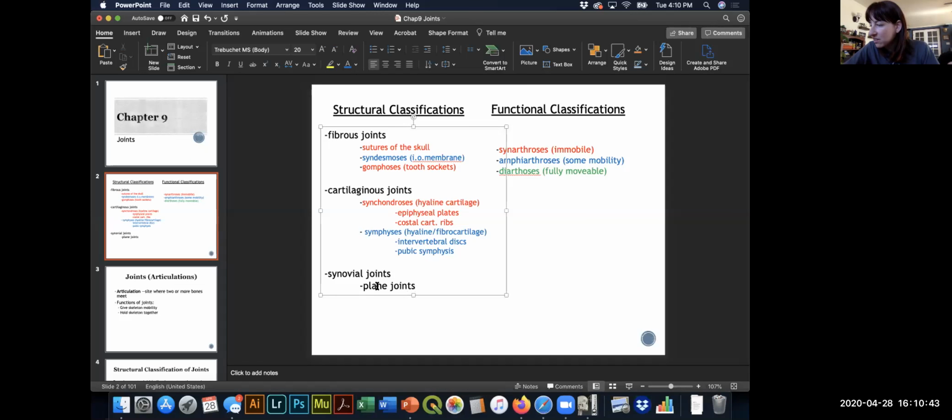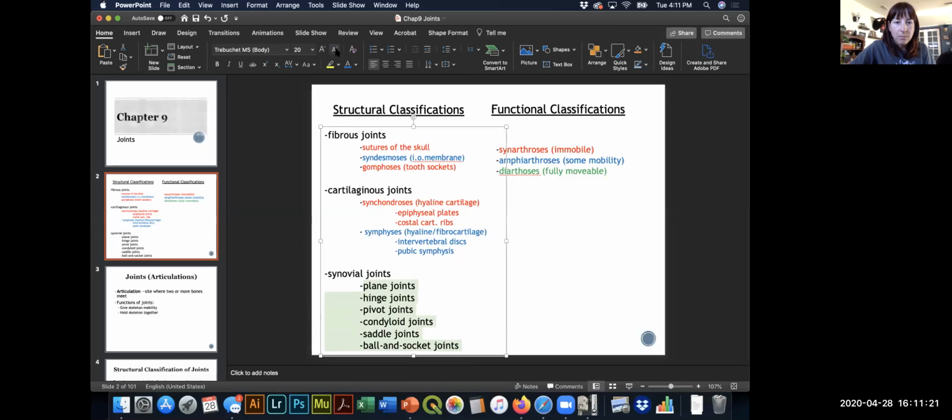How far into this do we want to go at the same time? Let's just start with this. Plain joints, hinge joints, pivot joints, condyloid joints, saddle joints, and ball and socket joints.